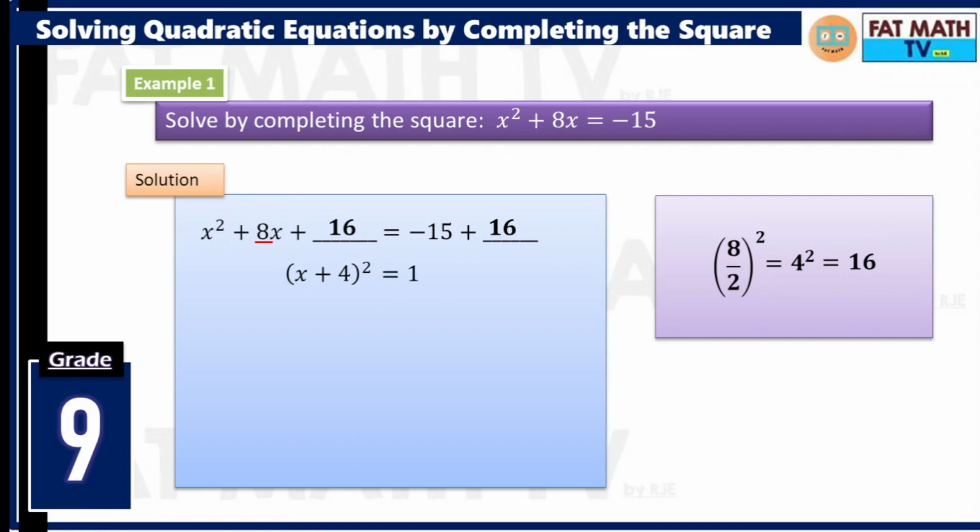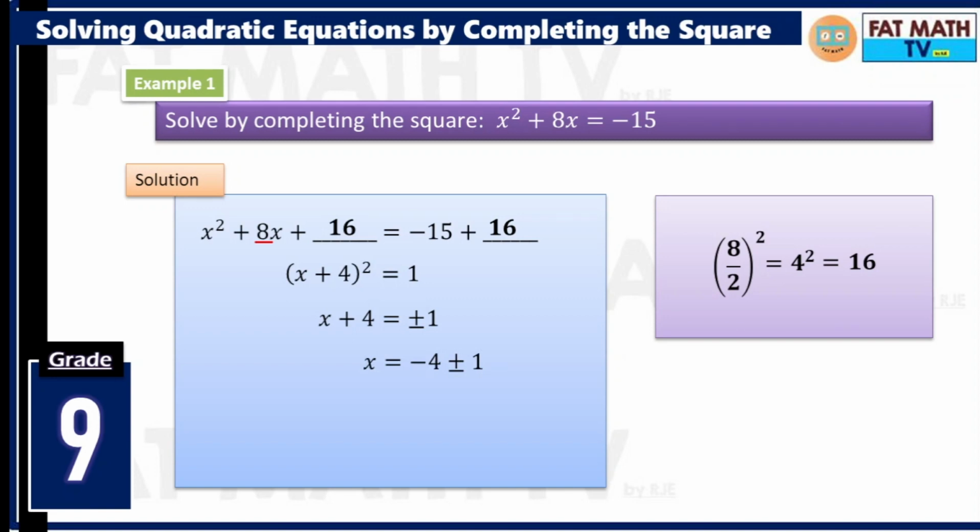And then after completing the square, you will apply the techniques or the lesson that you learned in solving quadratic equations by extracting square roots. So you have to take the square root of both sides of the equation. The square root of x plus 4 squared is x plus 4. Square root of 1 is positive or negative 1. And then you can add negative 4 to both sides of the equation.